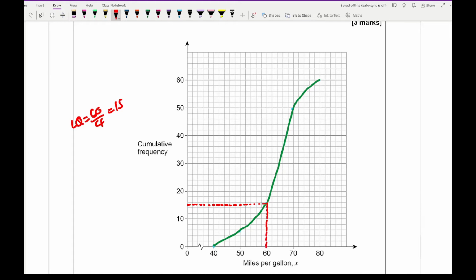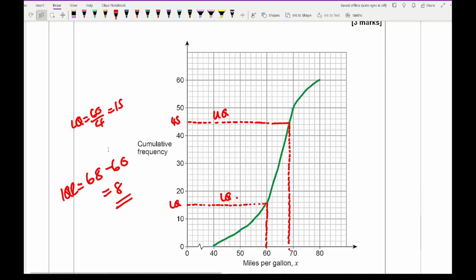And then I'm drawing one at 45, and then moving down, and it looks to be around about 68. So this is my upper quartile, which is at 45. My lower quartile is at 15. And then the IQR is where we subtract those numbers. So I've got 68, take away 60, gives me an answer of 8.